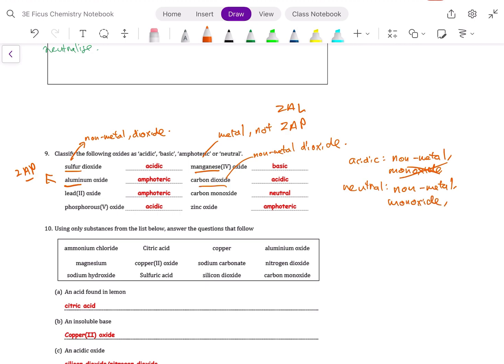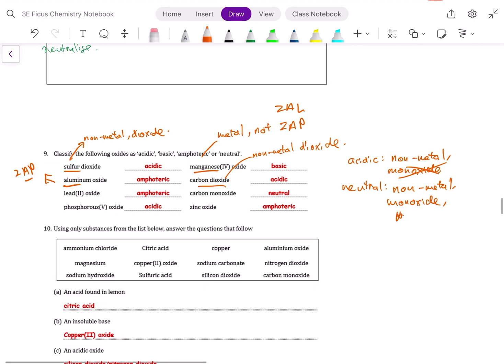Usual examples, carbon monoxide, nitrogen monoxide. Even water is a monoxide, dihydrogen monoxide. Amphoteric ones must be metal oxides. In a sense, those three are ZAP: zinc, aluminium, lead. The rest of the metals are under basic. That's how you see it.